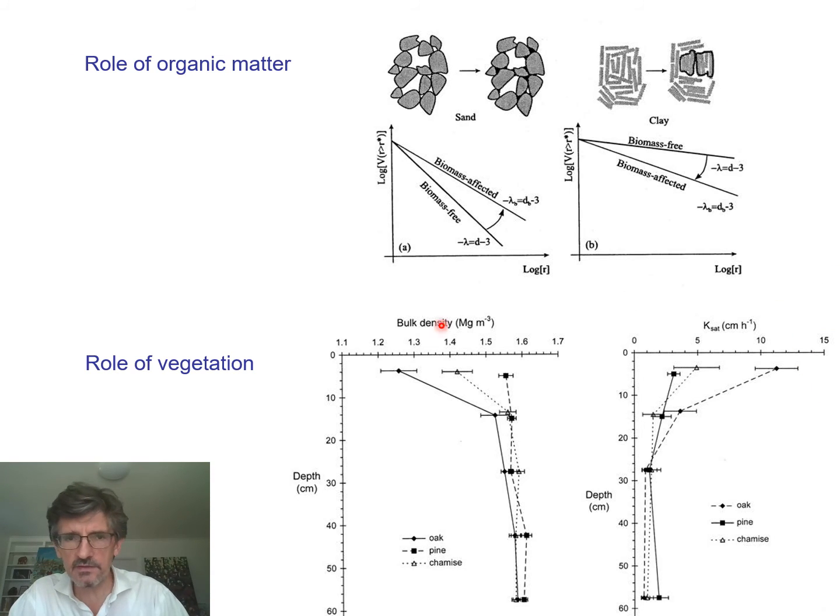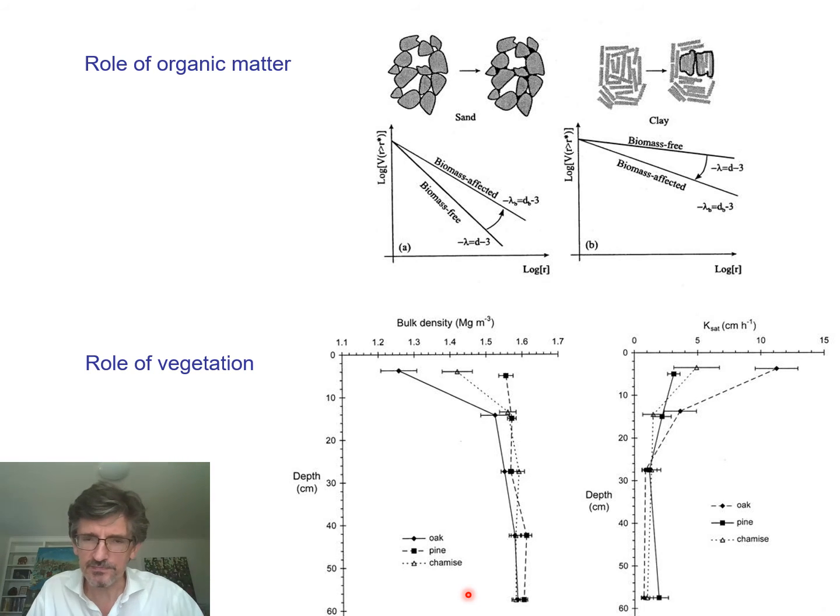The last example here is the role of vegetation on bulk density and the saturated hydraulic conductivity. This is an experiment done in California, so I didn't put the references here. You can see them in the notes. The experiment has three different types of vegetation: oak, pine, and this chemise, that is, I don't know how to pronounce it.